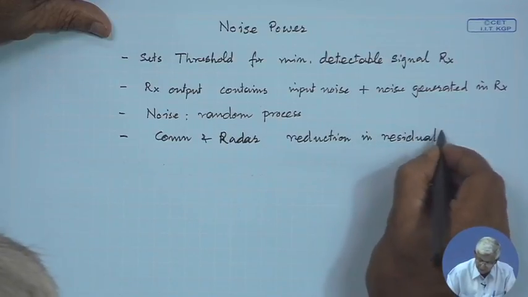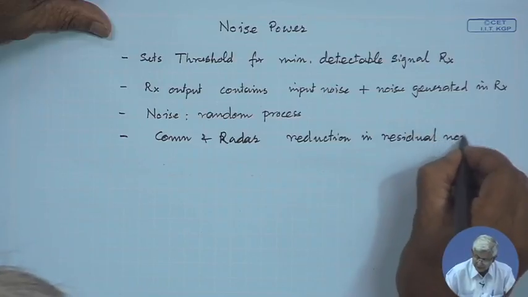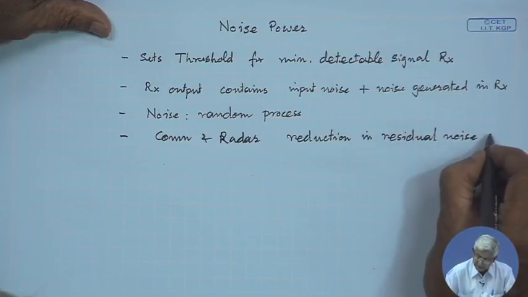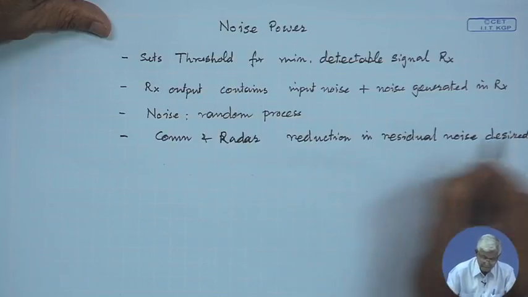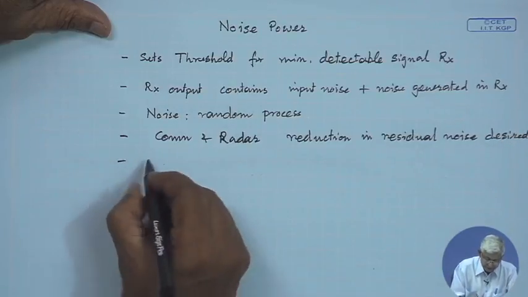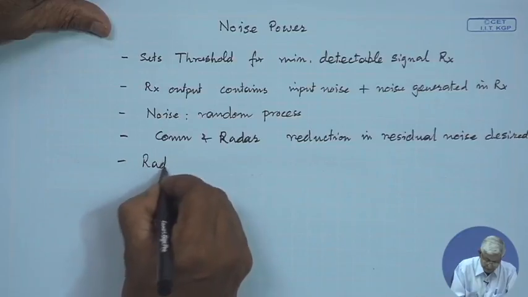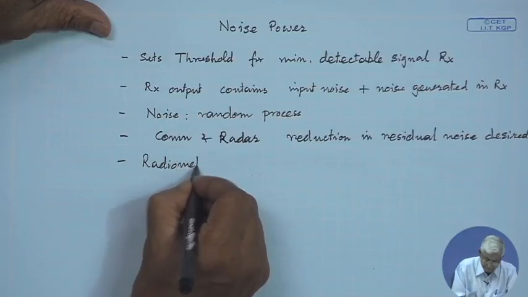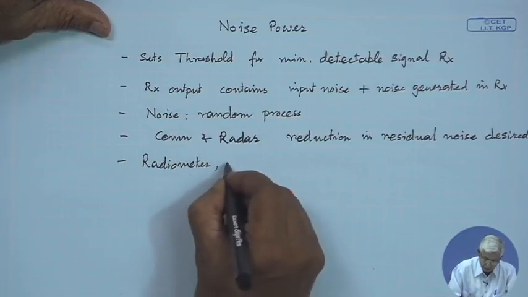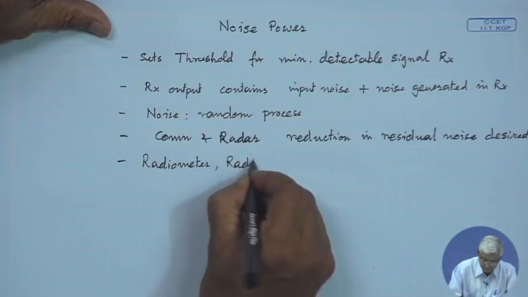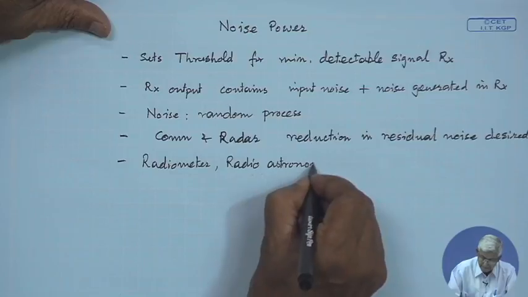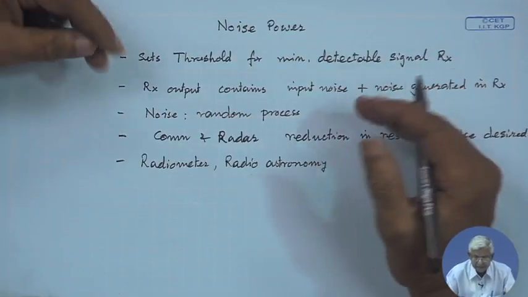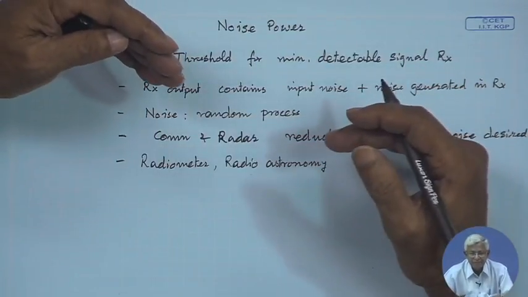There will be some noise always. Whereas there are other systems which are called radiometer or radio astronomy, which actually measure the noise level.